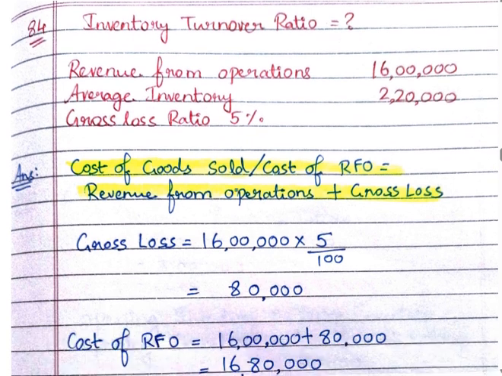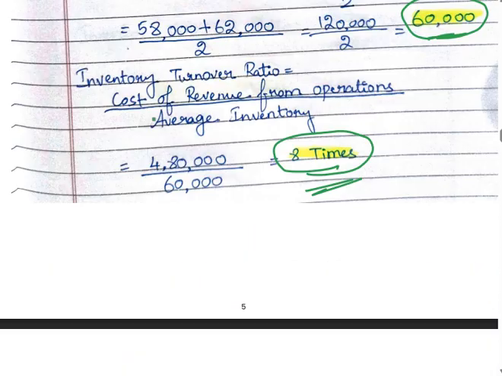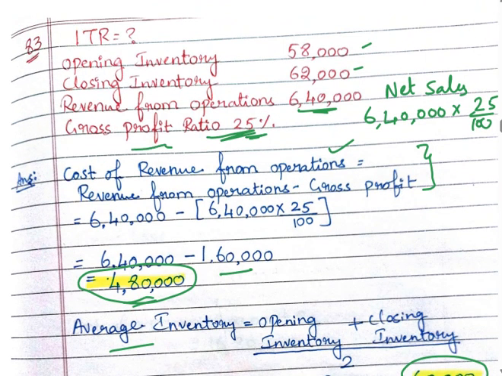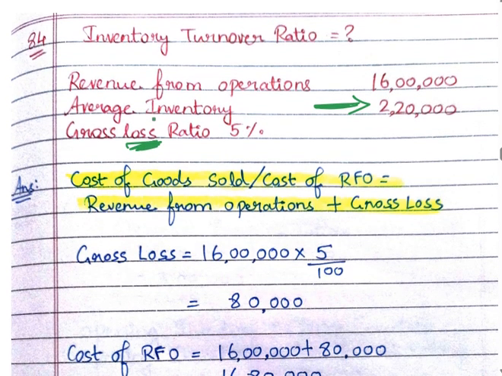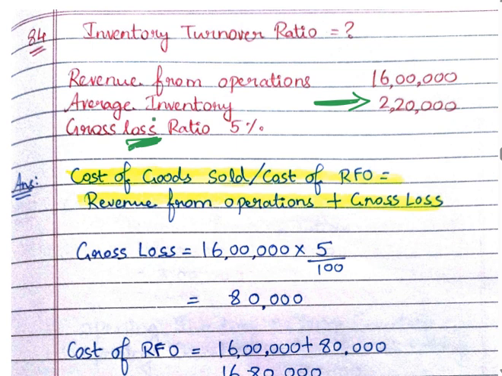Question number 84. You should calculate inventory turnover ratio. Revenue from operation, net sales is given 16 lakhs. Average inventory value is directly given. You need not calculate anything new. Gross loss ratio is 5%. In the previous problem, the information was given about profit. In this problem, they have given details about loss.